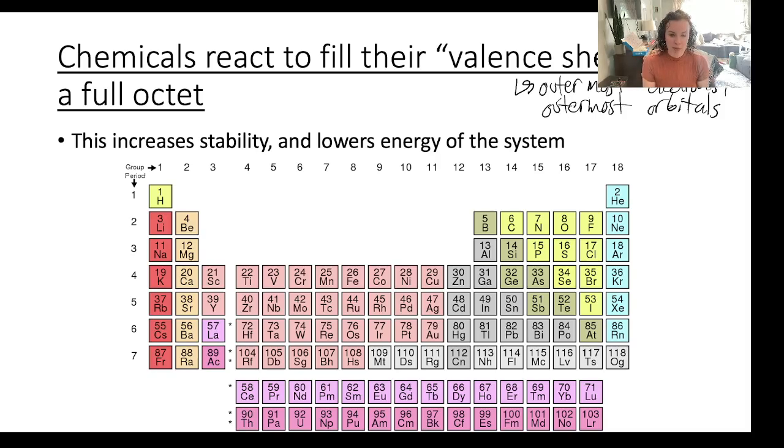And so what happens, folks, is that chemical reactions happen so that each atom will have 8 electrons, or an octet, in its valence shell, in its outside orbital, in its outside layer.